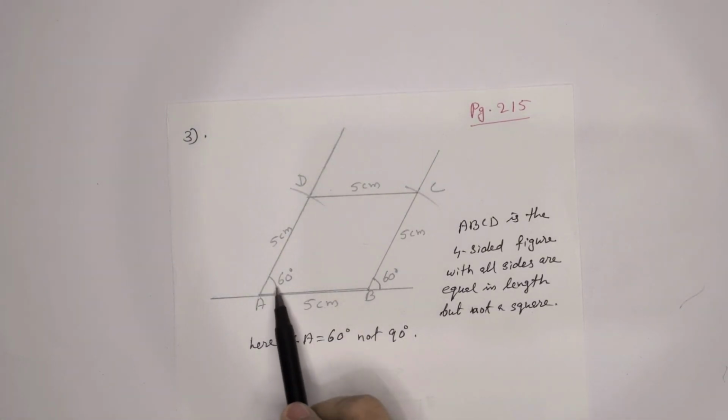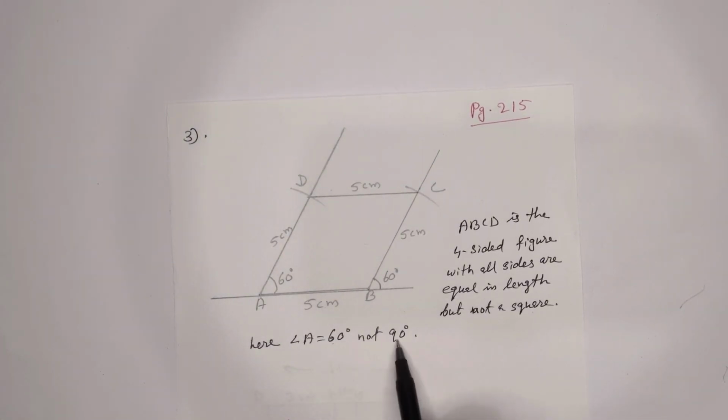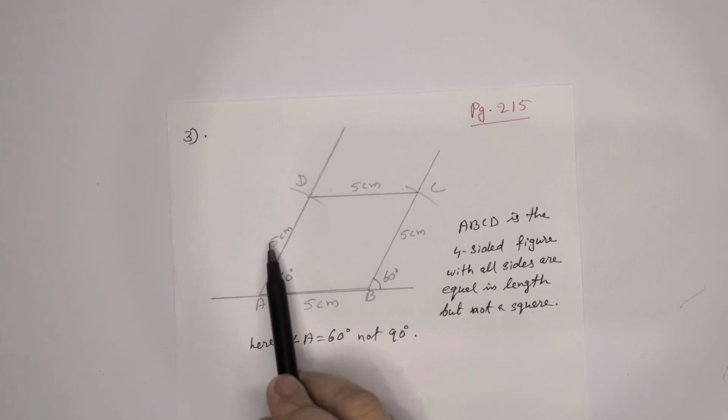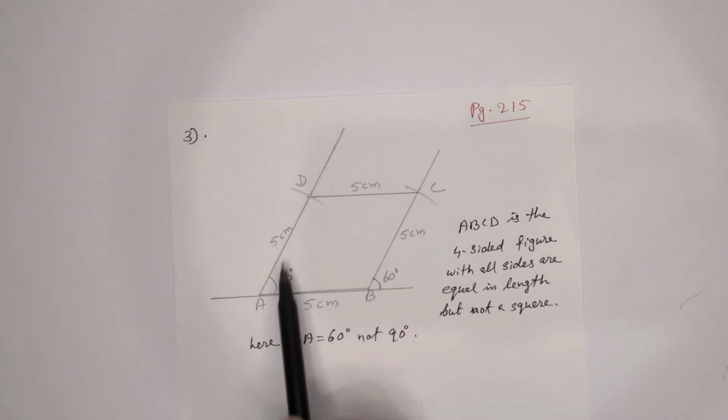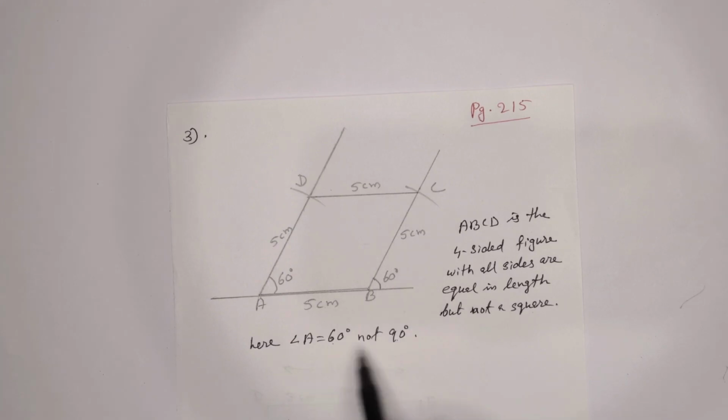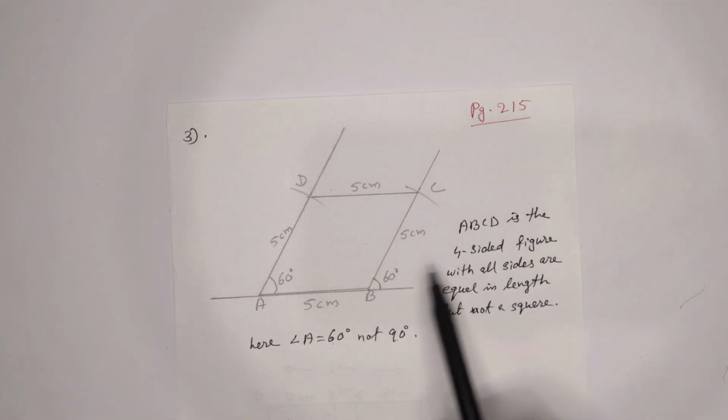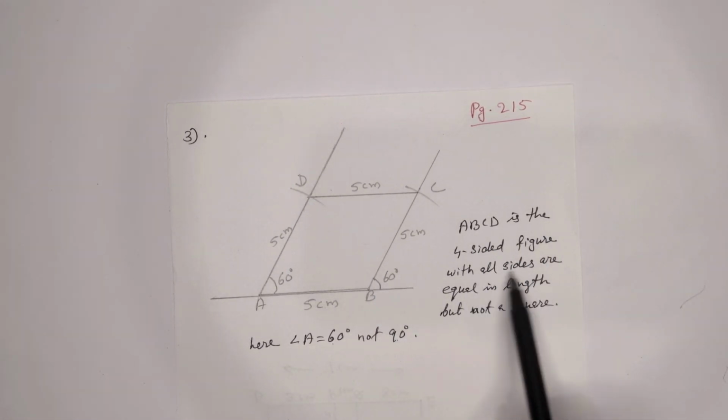Here we can see angle A is 60 degree, not 90 degree. But all sides are equal. We know that the properties of a square are all sides are equal and all angles are 90 degree. Here all sides are equal, angle is not equal to 90 degree. So we can write ABCD is a four-sided figure with all sides equal in length but not a square.